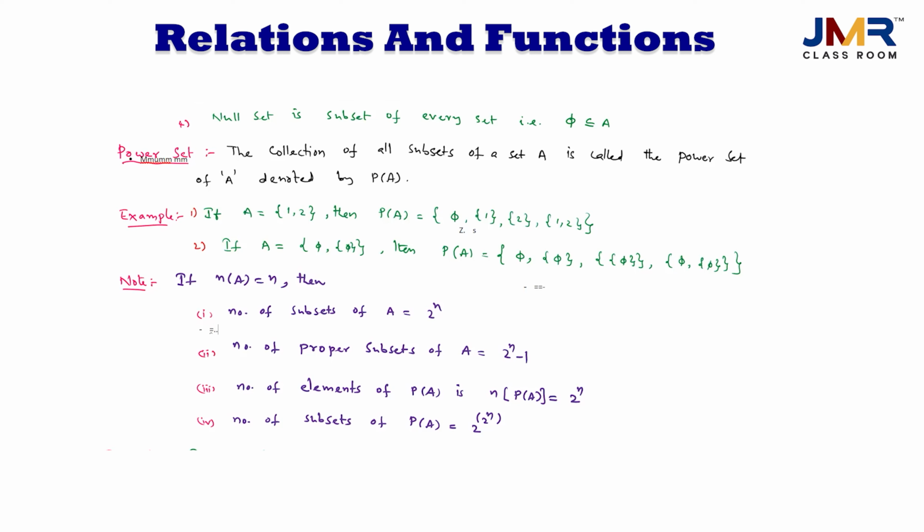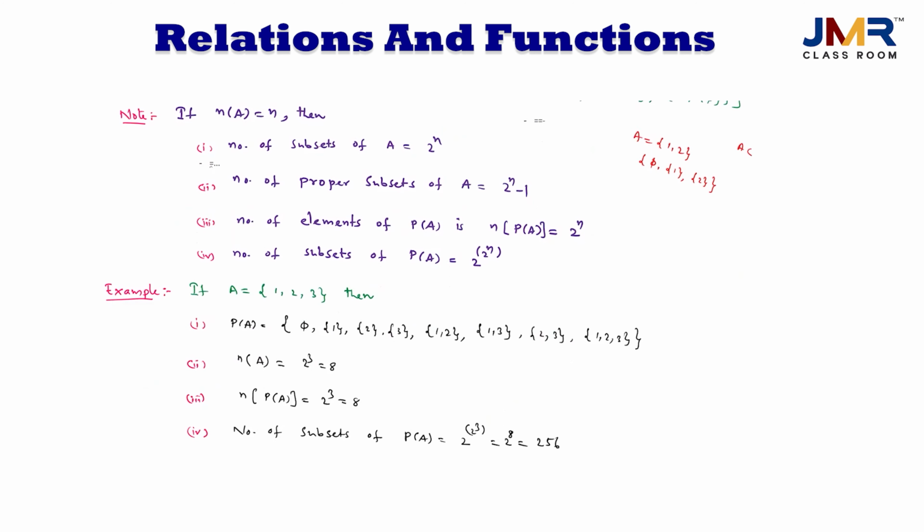For example, A equals {1, 2}, then proper subsets of A are ∅, {1}, {2} only, because you cannot take the set itself, because the set itself is not a proper subset. So number of proper subsets formula is 2 power n minus 1. Number of subsets formula is 2 power n.